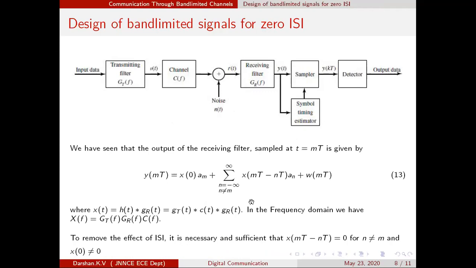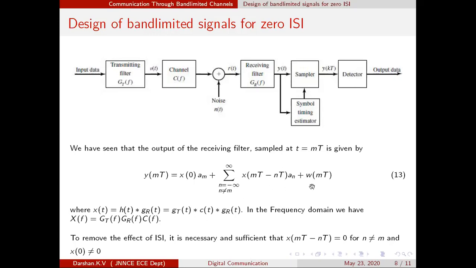The desired symbol along with the undesired symbols, plus the noise component. So which is the ISI over here? The inter-symbol interference component, that is the second term. So this second term should be nullified. Nullify means making this entire second term 0.